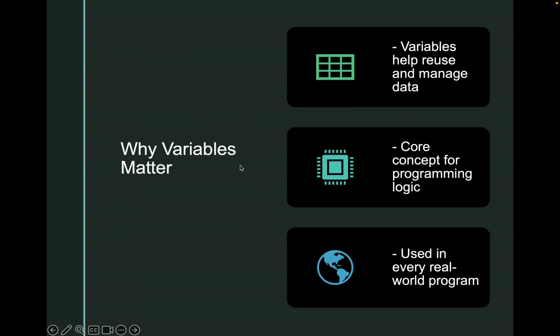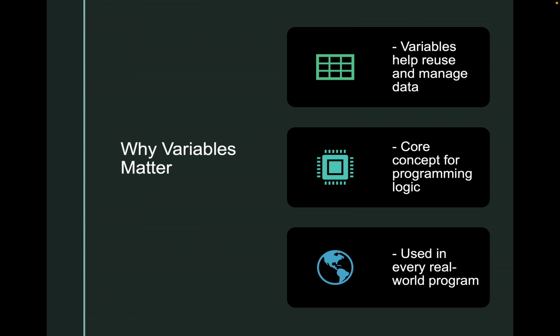They are a core part of programming languages, a really core concept. They are also used in every real world program you'll ever write, from small scripts to large applications. Without variables, programs would be repetitive and difficult to maintain.